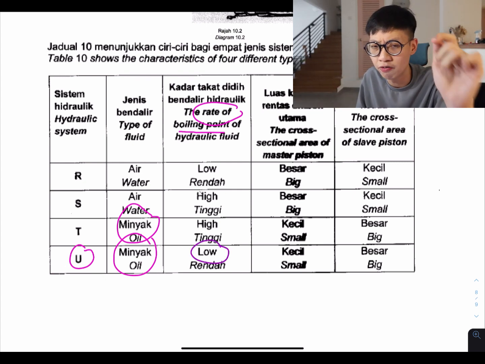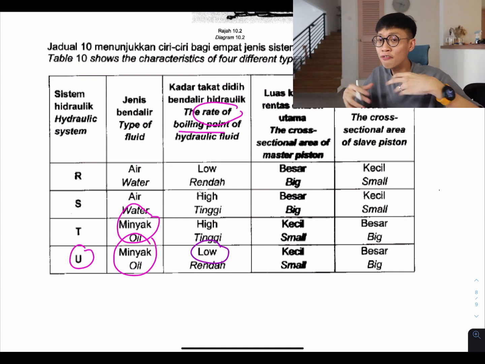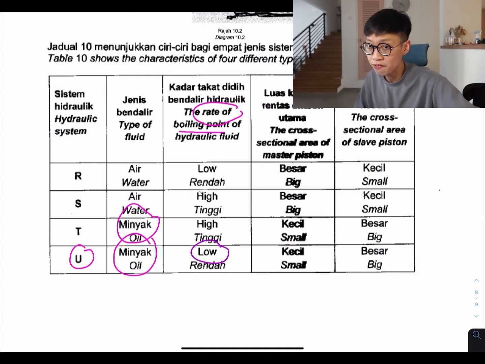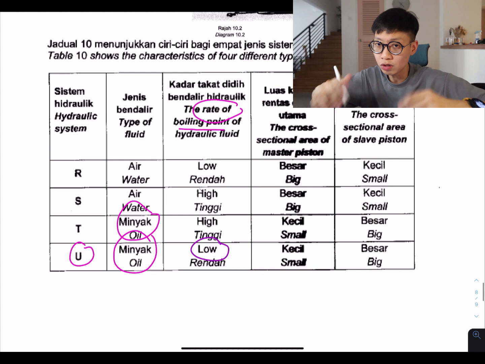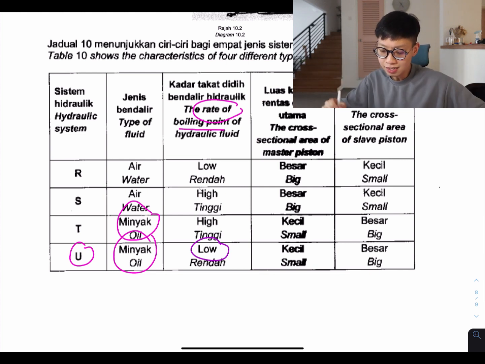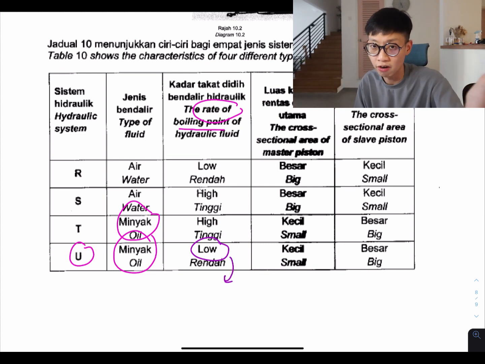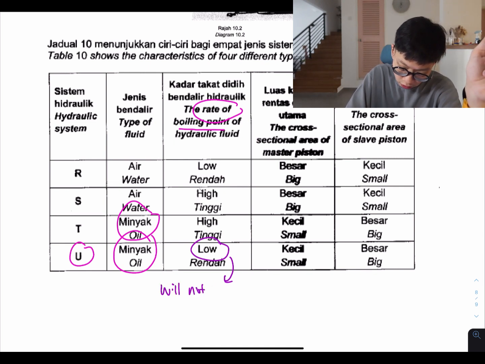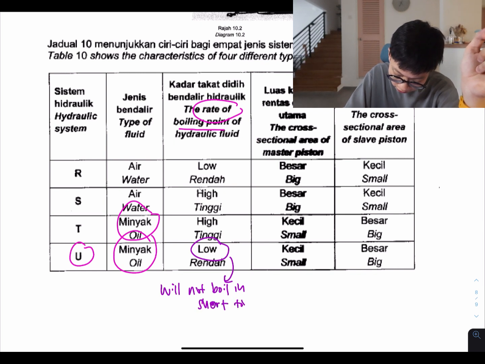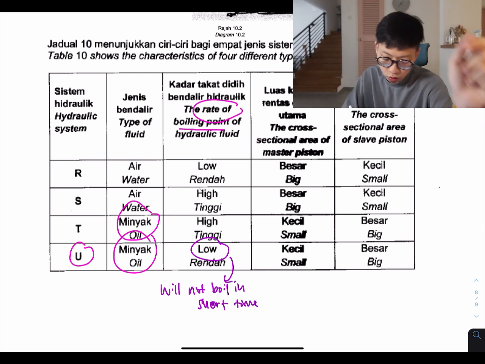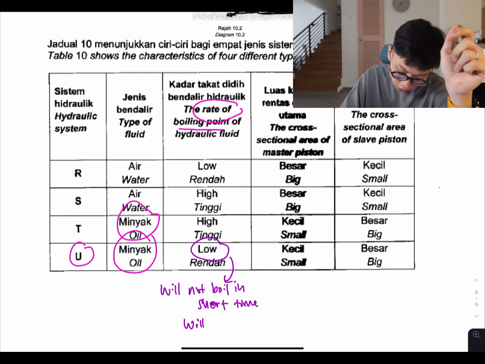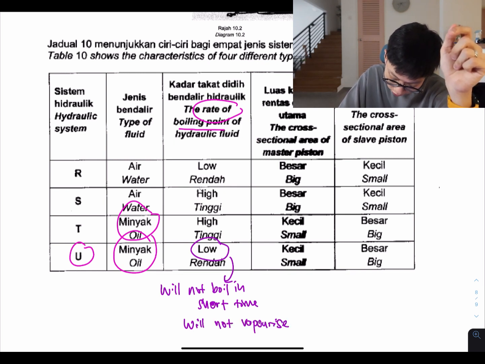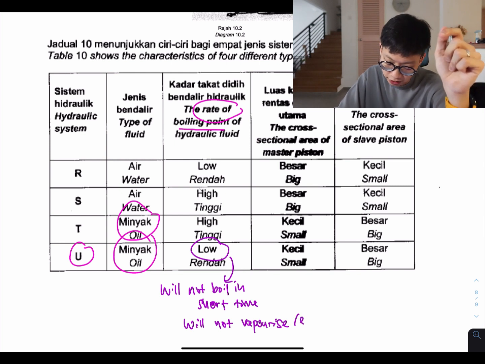What is the rate of boiling point, guys? Rate means how fast. Do you want it to boil very fast? No, right? Correct. You don't want it to boil very fast. So the answer here is a low rate of boiling point, so that it will not boil in a short period of time, so therefore it will not vaporize, also known as evaporate.